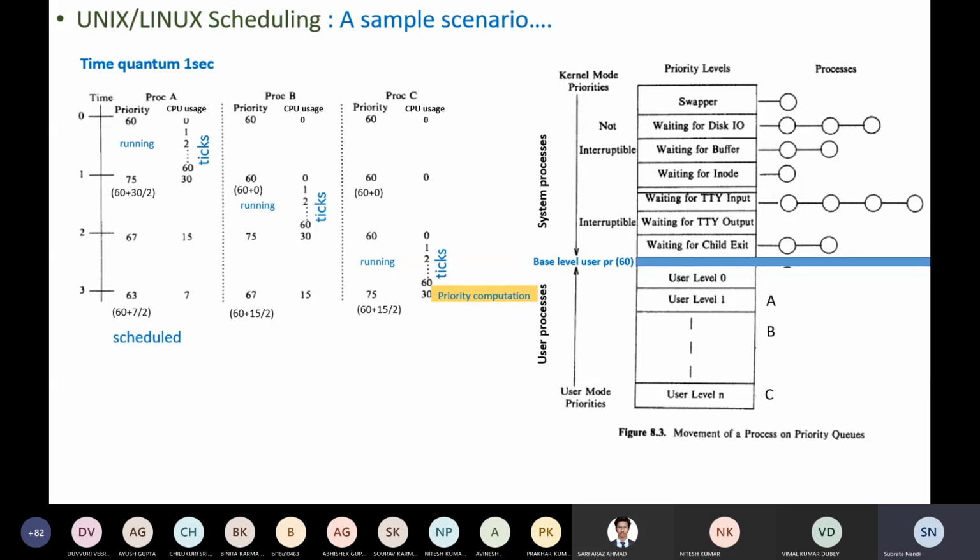So anyway, try to answer. Till now, what we found: each process, as you can see, starts with a base priority, that is this base level priority, 60.